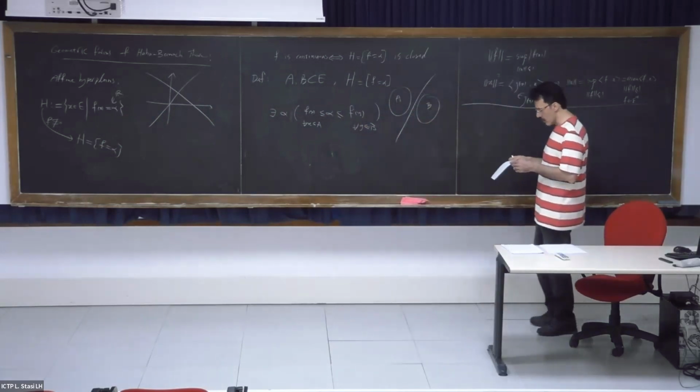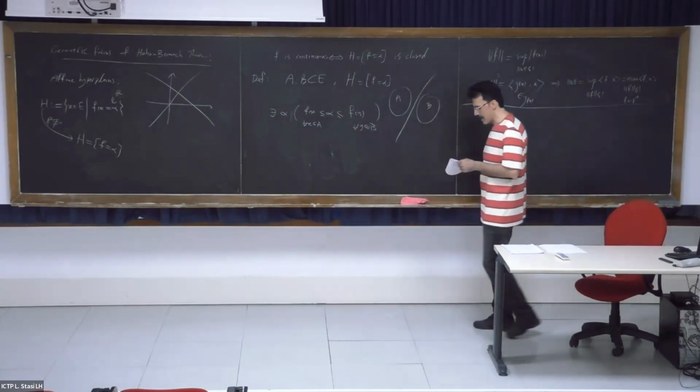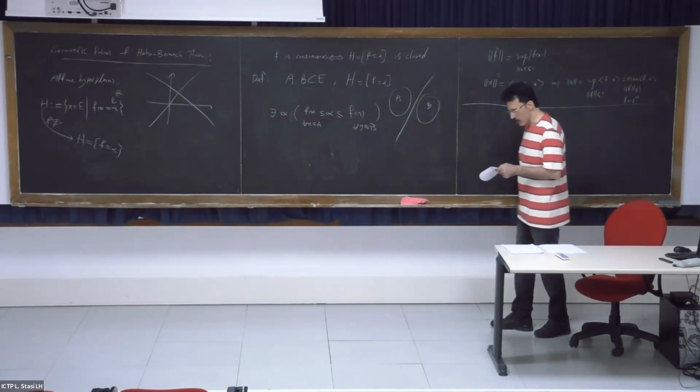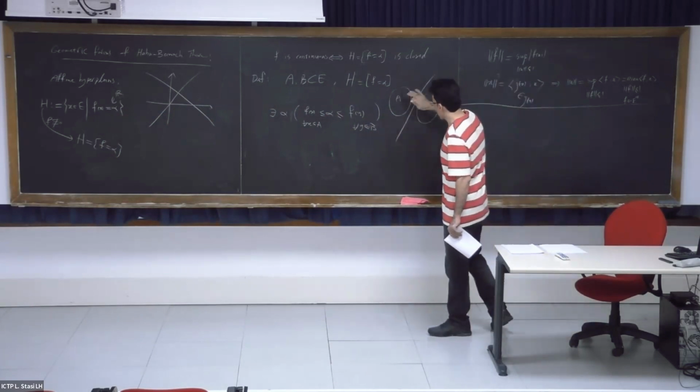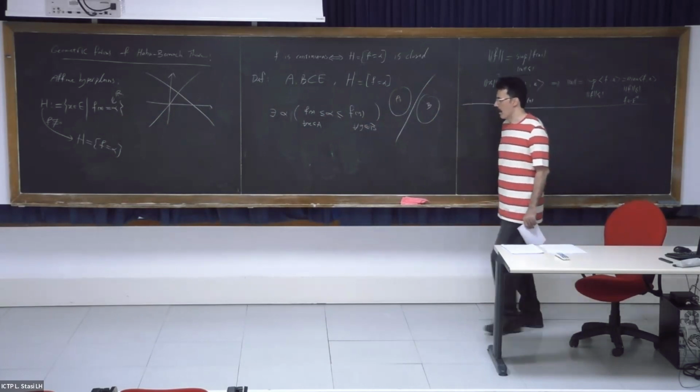Geometrically, we can say that the separation says that A lies in one of the half spaces and B entirely lies on the other side.